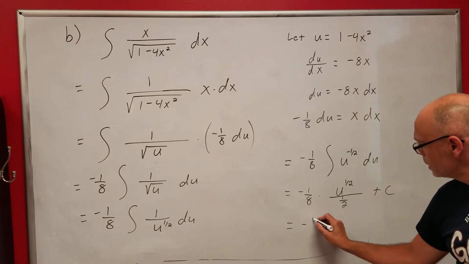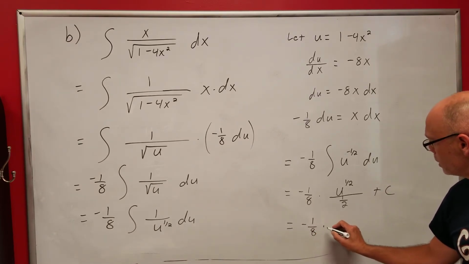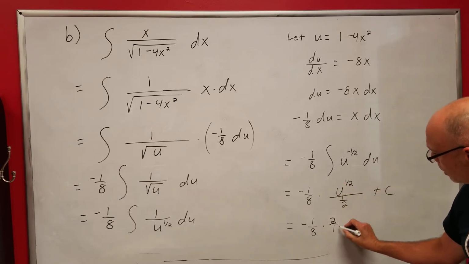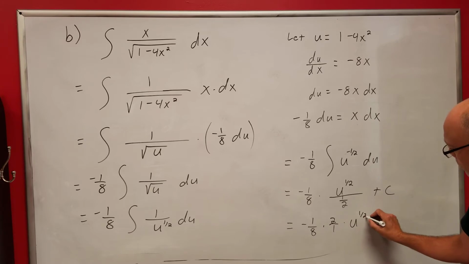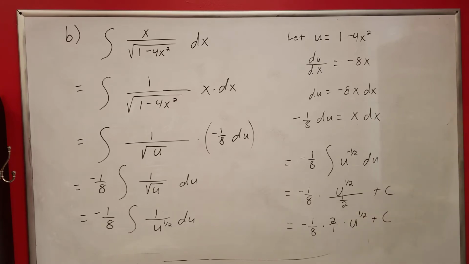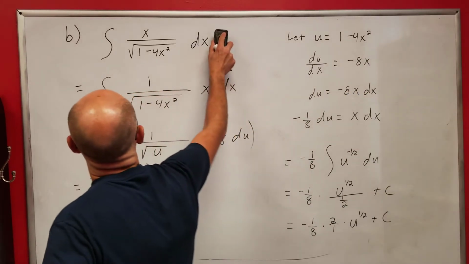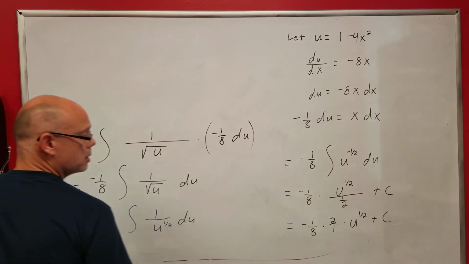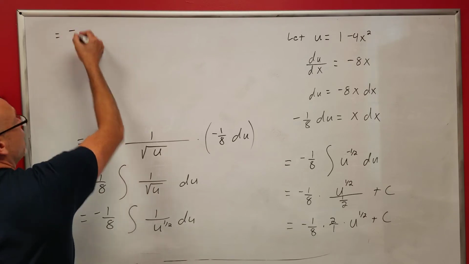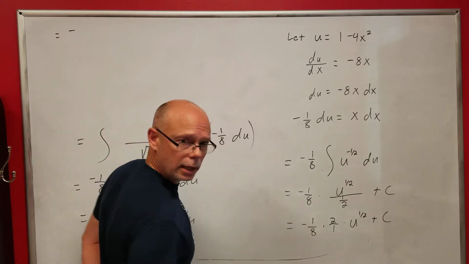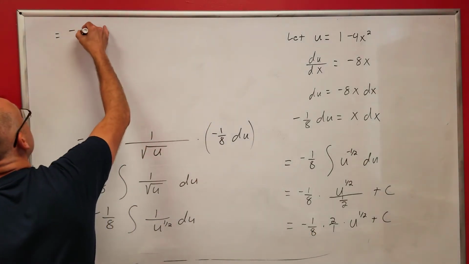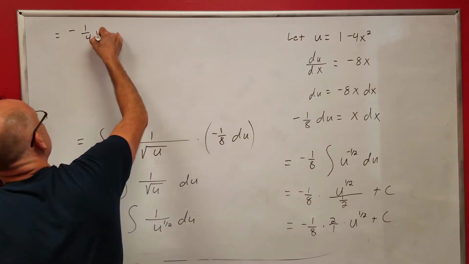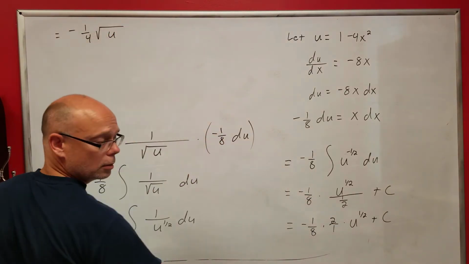So that gives us negative 1/8 times, multiplied by the reciprocal here, 2 over 1 times u to the 1/2 plus c. Well, let's keep going with this. I get negative 2 over 8, or could I say negative 1/4 times u to the 1/2. I could write that as the square root of u if I wanted to.